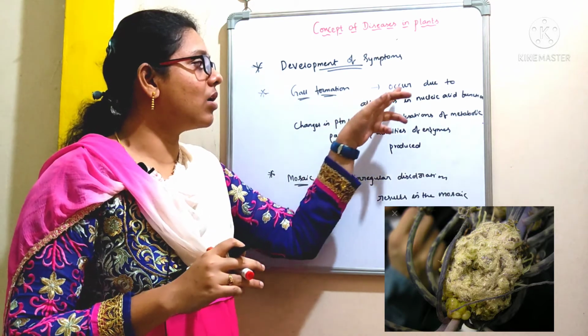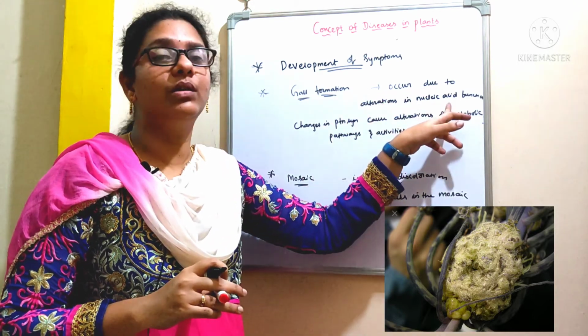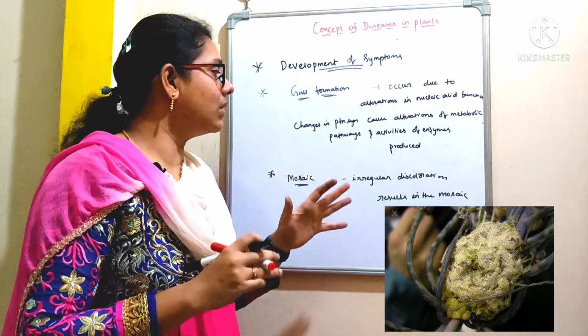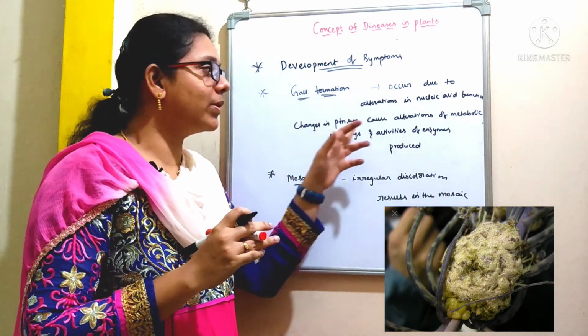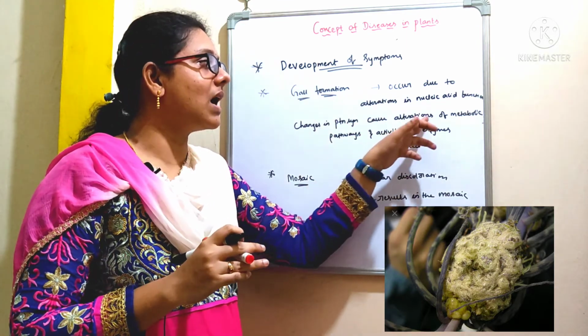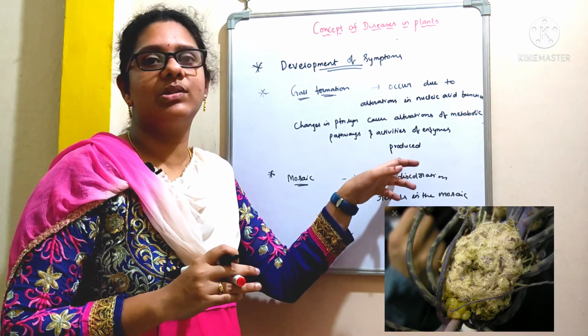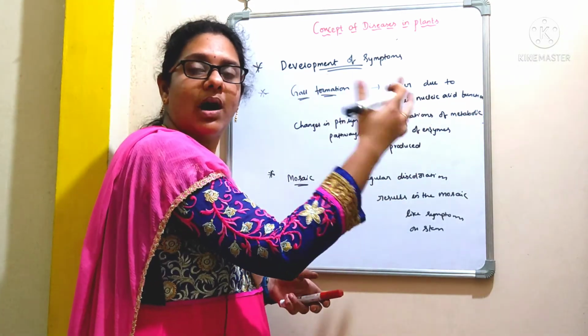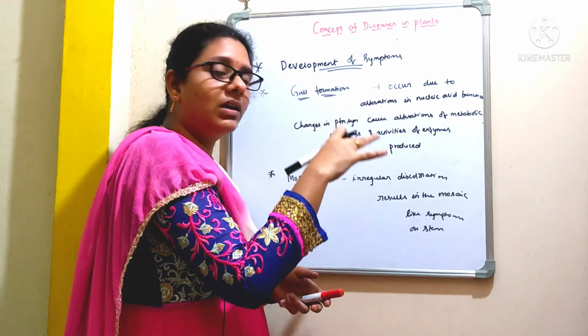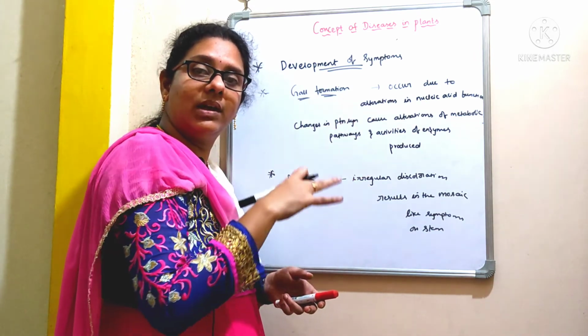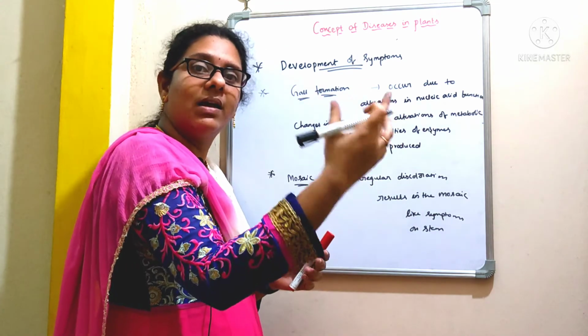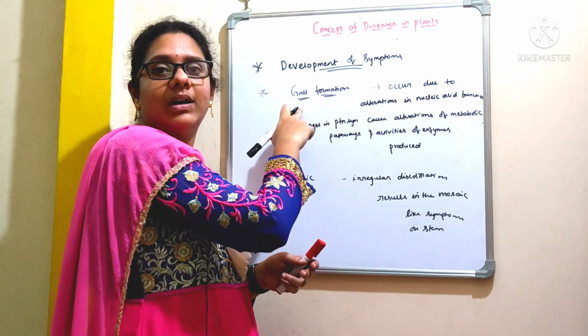This is mainly caused due to alterations in the nucleic acid function. Here, if there is any change in the protein synthesis, that causes alterations of metabolic pathways and the activities of the enzymes produced. Earlier I told you how the gall is formed. If the indoleacetic acid, cytokinin and gibberellin concentration exceeds, that results in the formation of a gall.